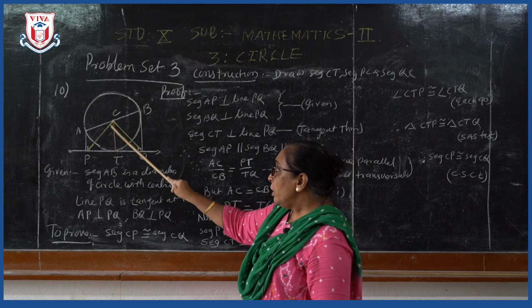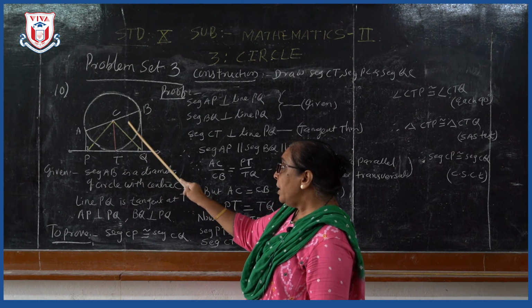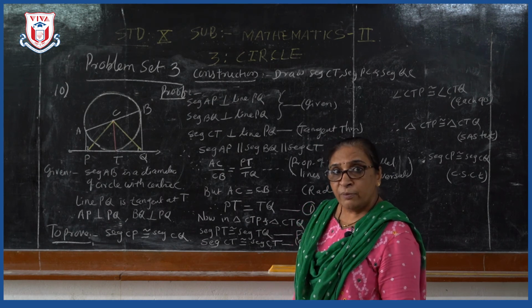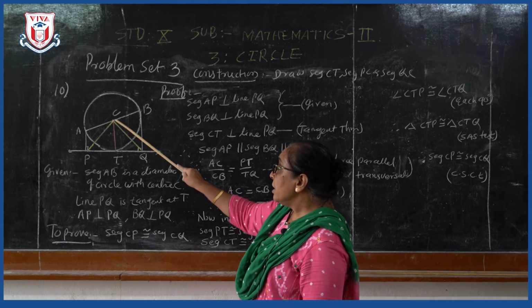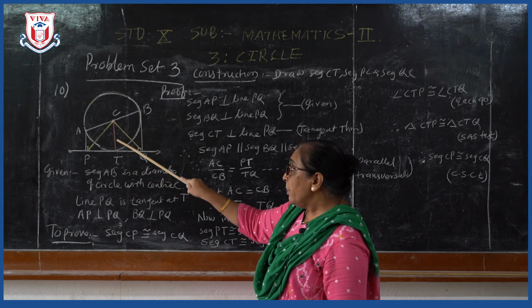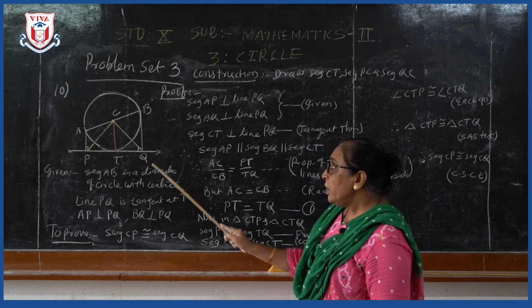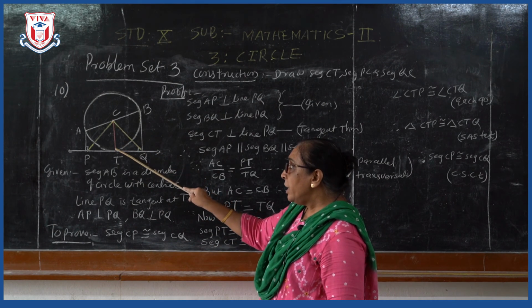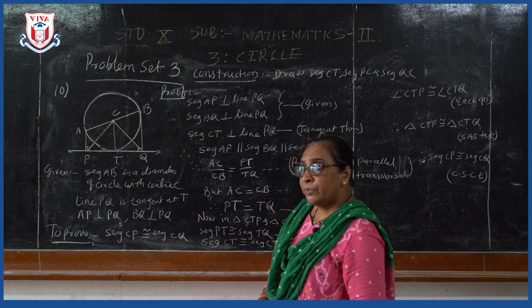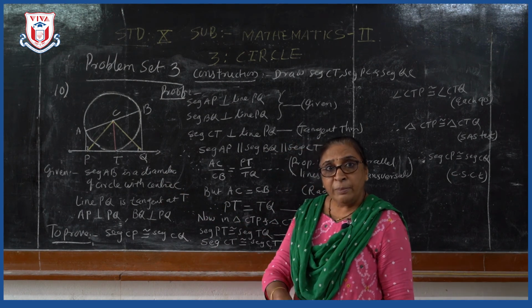So we have to do the construction of this segment CP, segment CQ. Now one more construction we have to do here, and that is point C and T should be joined. So draw segment CT. Now children, you know that CT will be the radius and line PQ is a tangent at T. So what is the relation between them?